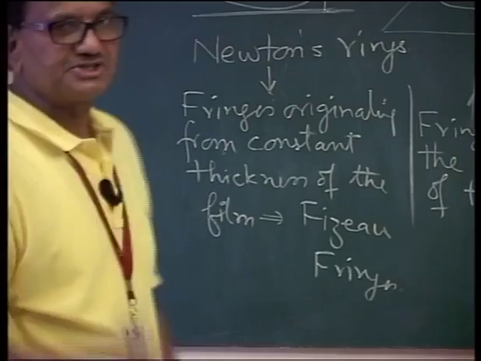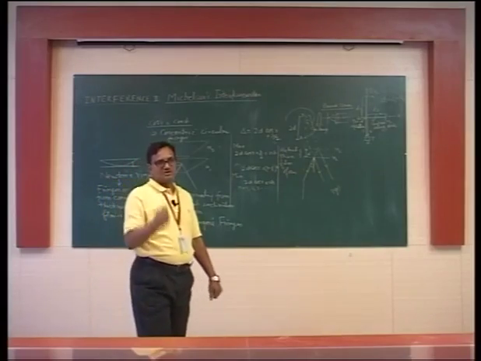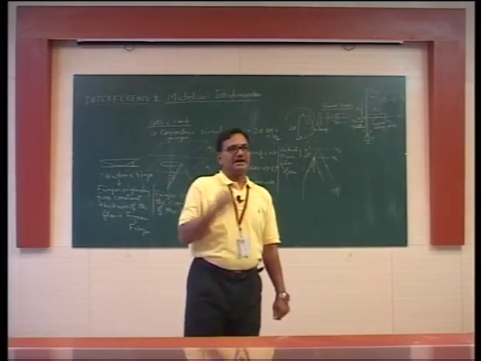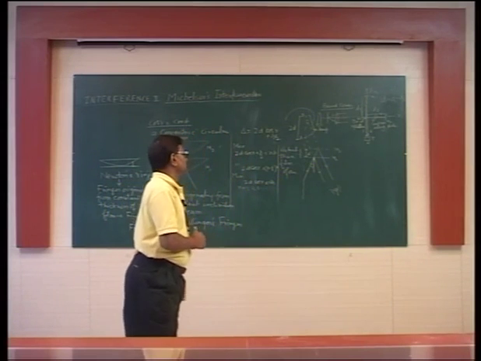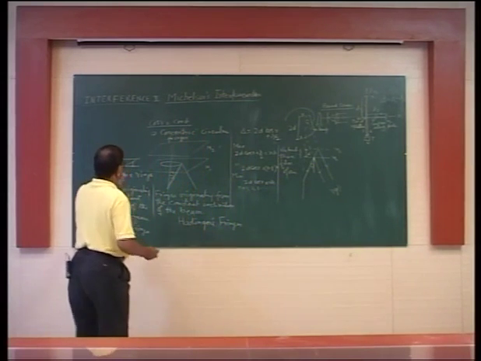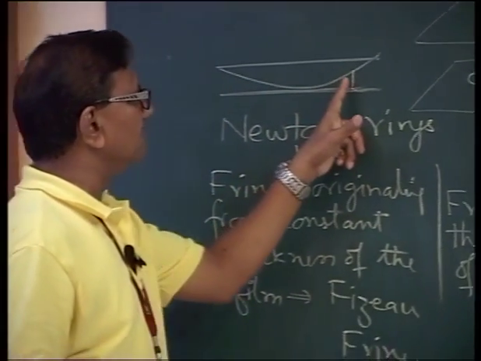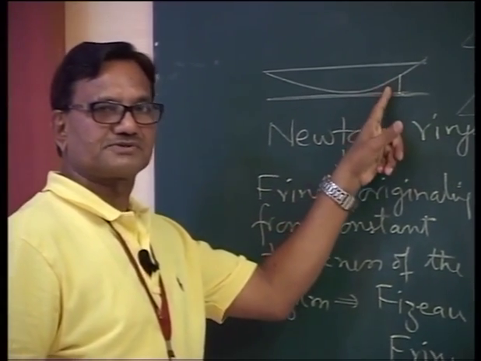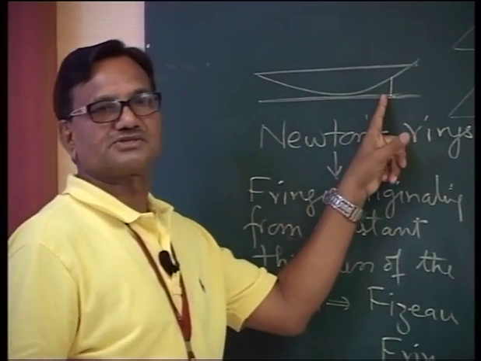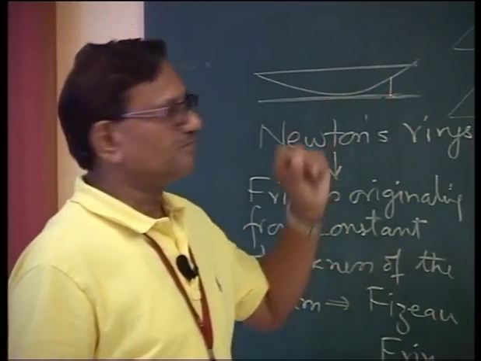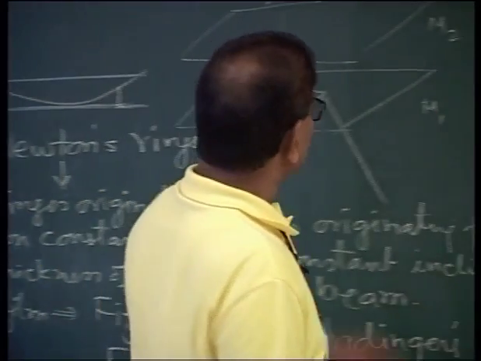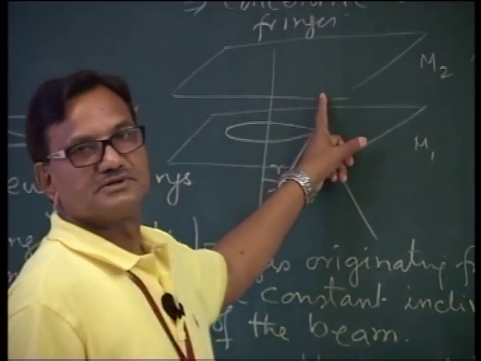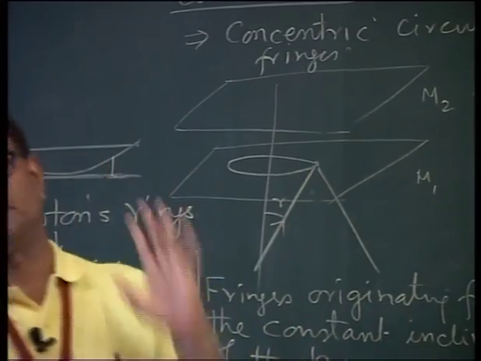So there is a substantial difference in the origin of Newton's rings and the Michelson rings. Here the film through which we are observing interference is a real air film in the case of Newton's rings, but the air film in the case of Michelson rings is a virtual air film.